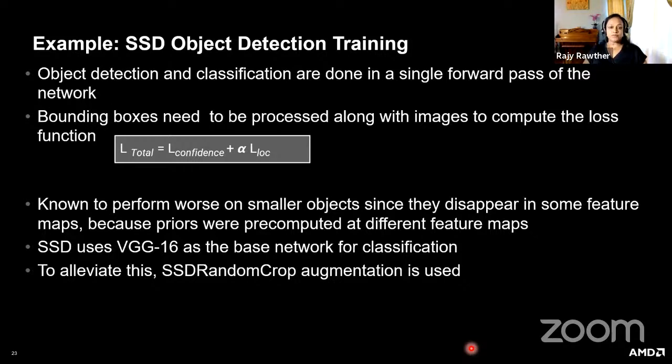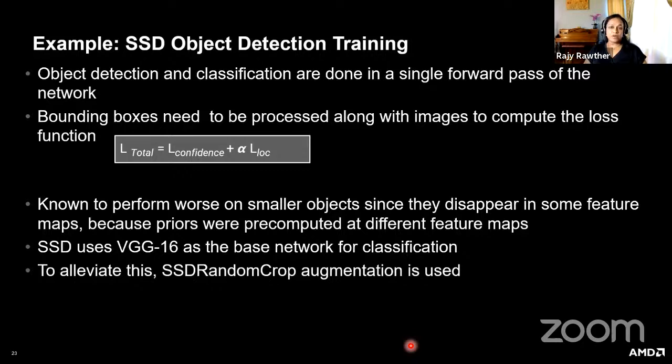It is both object detection and classification done in a single pass. When you train SSD, you have to optimize to reduce the loss for both object detection and classification, and the network is combined.